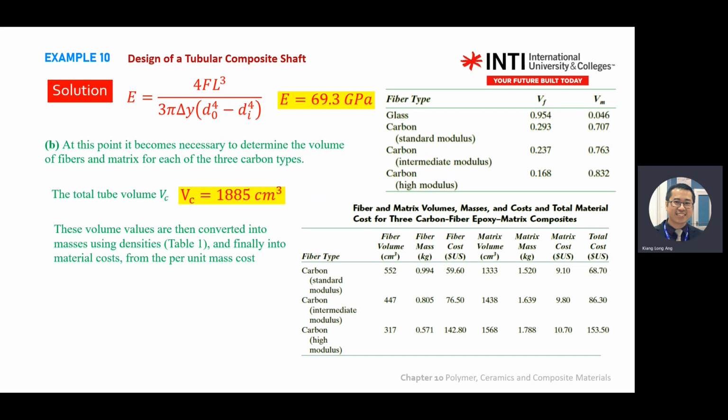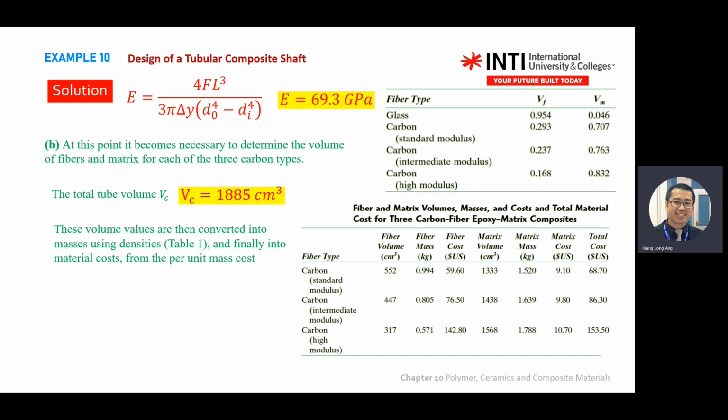Now, for example, carbon standard modulus 0.29, you multiply 1885, do you get 552? You get 552, right? Can you press the calculator? You take 0.293 multiplied by 1885, you get 552, right?